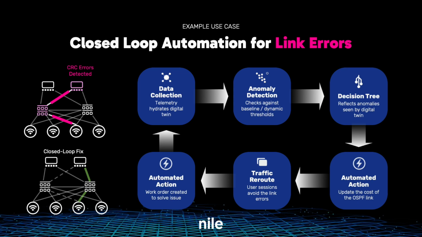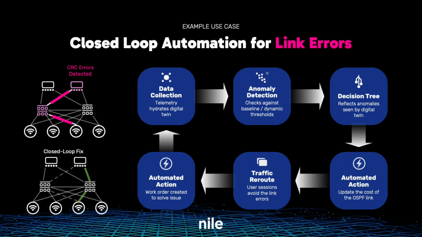In this example, we will see how Nile automatically alters the network behavior to work around link failures without the user or the administrators knowing about it. First, Nile Services Cloud creates a digital twin of the topology after the successful completion of the installation process.